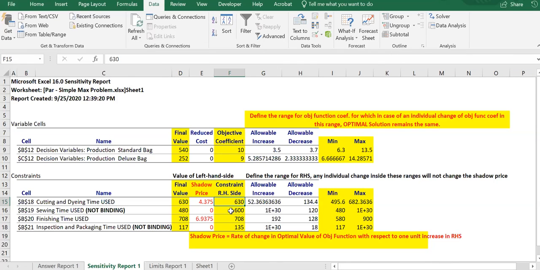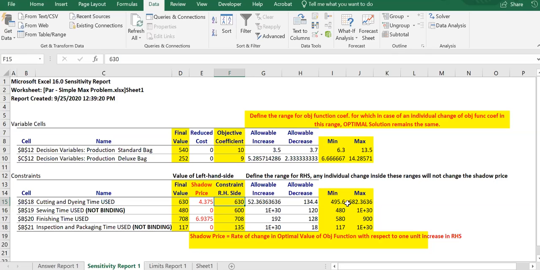I said, if you have 1 hour to increase, which one of these four are you going to go with? You said this one, right? But then if I tell you you have 100 hours to increase, now which one of these four are you going to go with? If I tell you you have the option to add 100 units to this one, you should not increase it, because the allowable increase is 52.